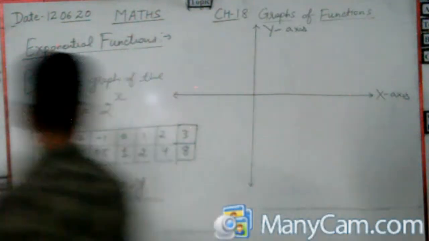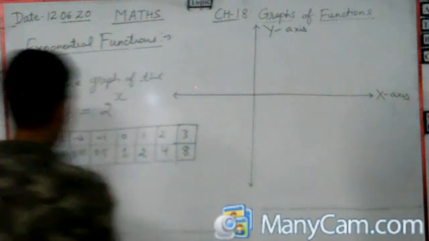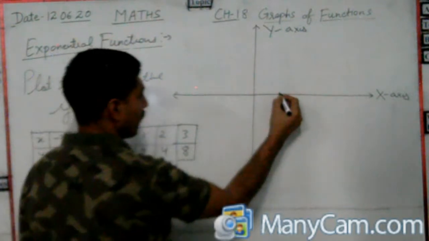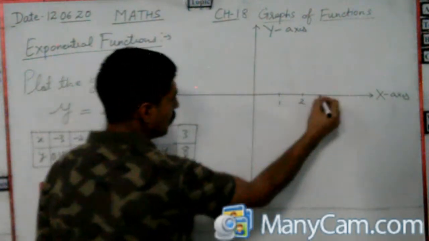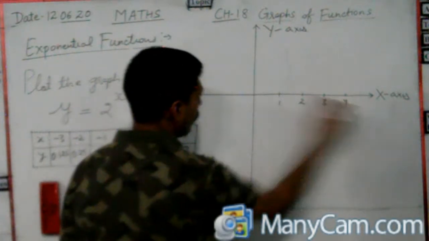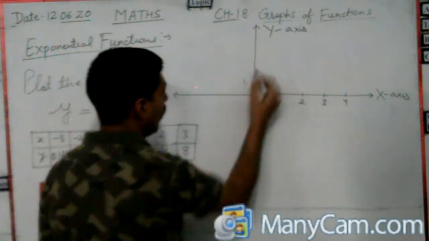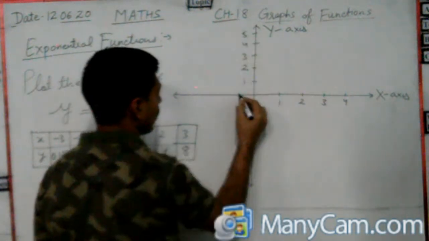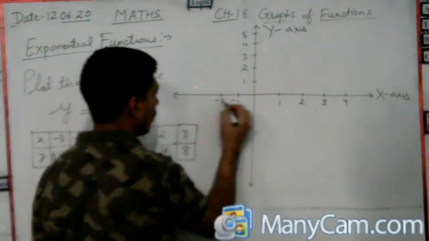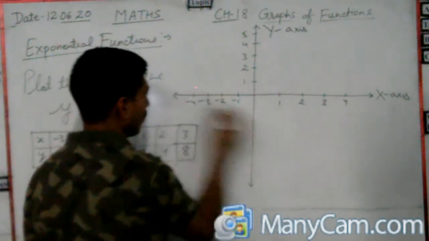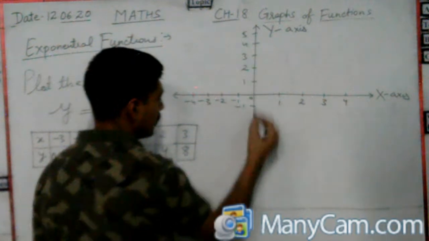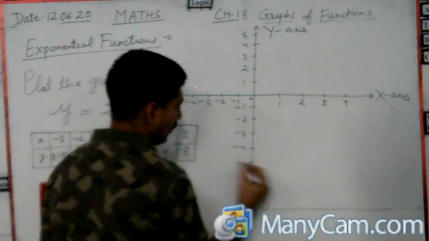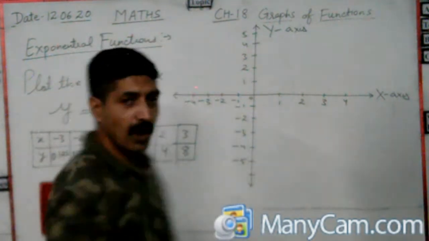So here the values are, because these are the points we have to take: 1, 2, 4, 1, 0 here. So on.